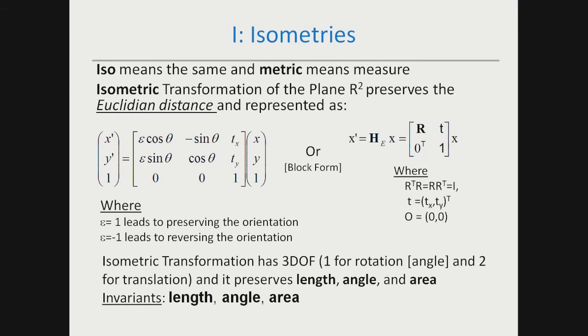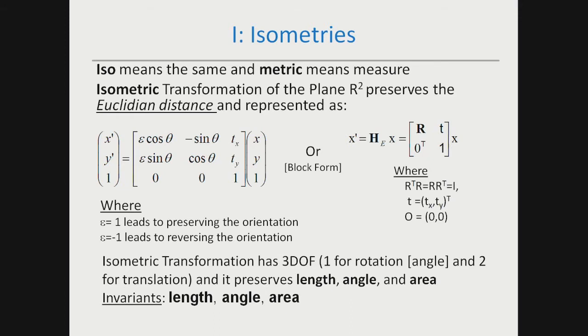This is a fixed value. This is not a general projective transformation. We require that Tx and Ty could be any values, and we require that only this entry could be either -1 or +1. Let us look at +1 just for simplicity. If we look at this +1, we have a very simple transformation: a rotation and translation.